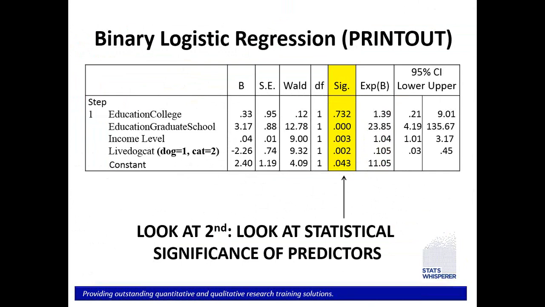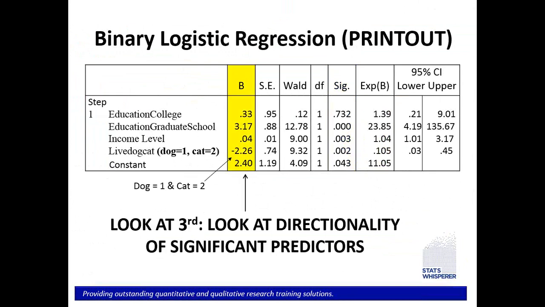So this might have been significant at the bivariate level, but now at the multivariate level, it's no longer significant. So in the end, we would say it's not statistically significant. However, we do see that education graduate school is still significant. So that's significantly different than the reference group high school GED. Income level remains statistically significant, as does living with a dog or a cat.